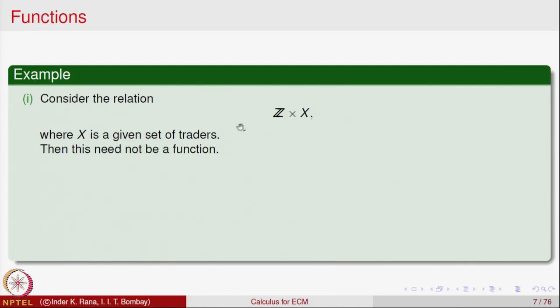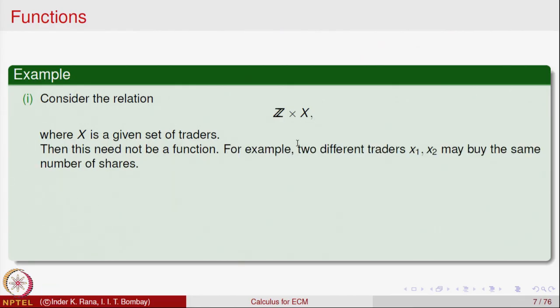And then we looked at the pairs n comma x, that means the whole set Z cross X, the Cartesian product of integers with X. This is not a function, because we can have two different traders, say x 1 and x 2, buying the same number of shares, say 10.